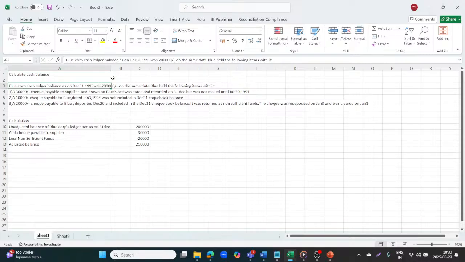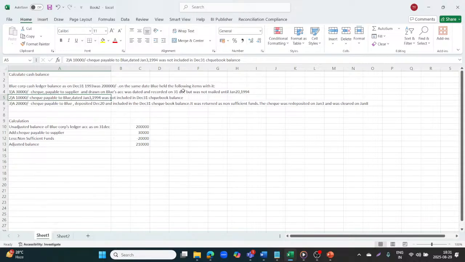This was the balance. Then a 30,000 check was payable to the supplier and drawn on Blue's account. It was dated and recorded on 31st December. So this will become a part of your cash balance, because on 31st December it became a part of it. So add the check payable to the supplier. Then a 10,000 check payable to Blue Limited was paid in the next year, that is January.